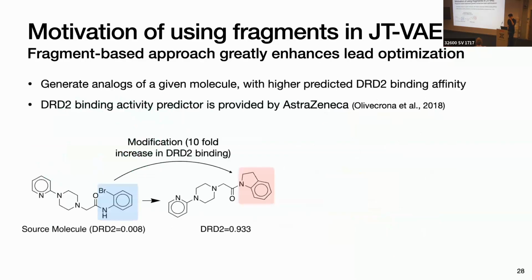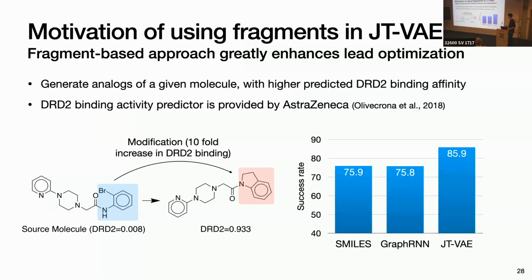We did some in silico benchmarking study in a different context, optimizing binding to another target called DRD2, just because back then we had more data for this target. We tried to see, if you apply different types of generative models, either working based on SMILES or graph or fragments, which model can give you a better capability to do lead optimization, right?